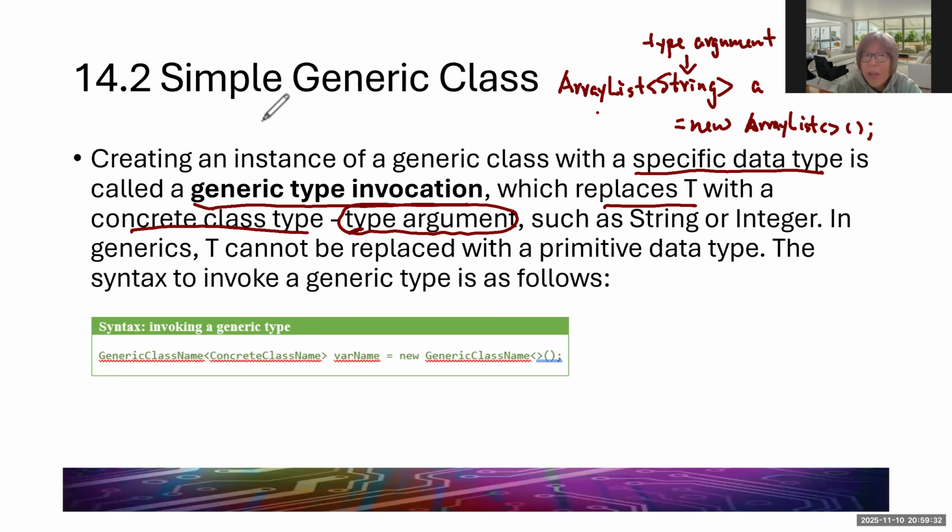And in Java collections, it's defined like ArrayList, where the type is T, a type parameter. It's a generic. Also be careful: the type argument cannot be a primitive data type.